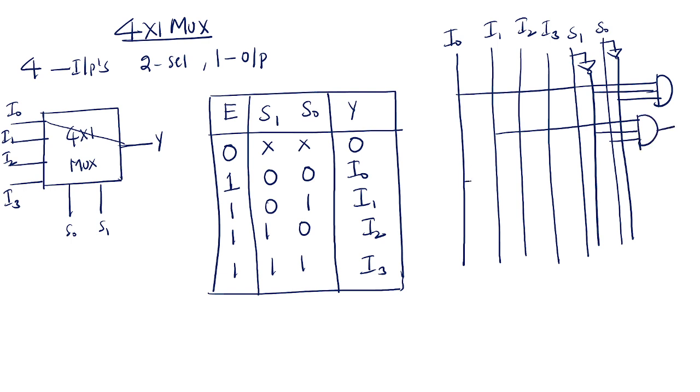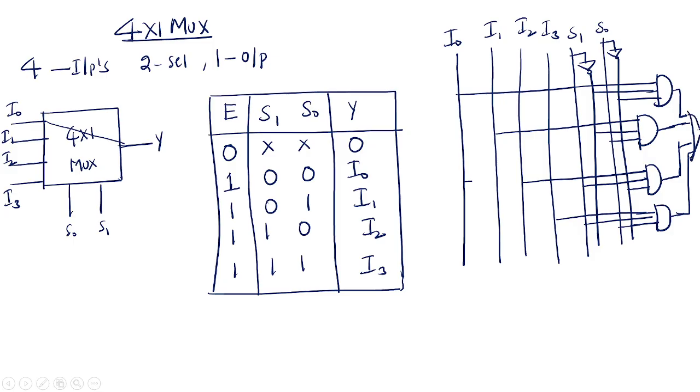And I2, S1, S0 bar connected with an AND gate, and I3, S1, S0 connected with an AND gate. These all are connected with an OR gate.